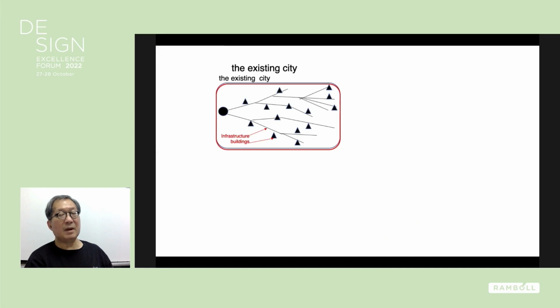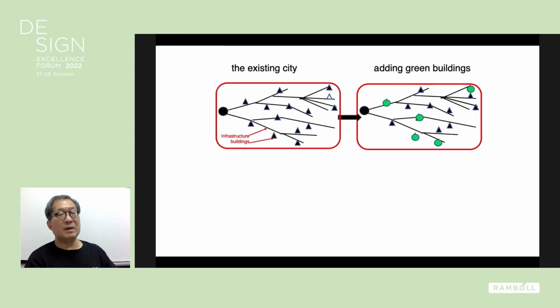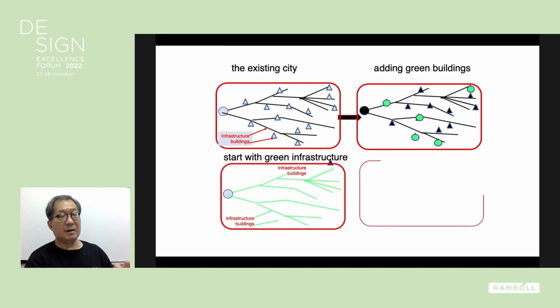Infrastructure is important. What a lot of green architects are doing is just building green buildings over this infrastructure. But if we continue to build in this very piecemeal, ad hoc way, it'll be extremely difficult to make the city green. To make the city green, we must start at the outset with the infrastructure. What happens if we start with green infrastructure?